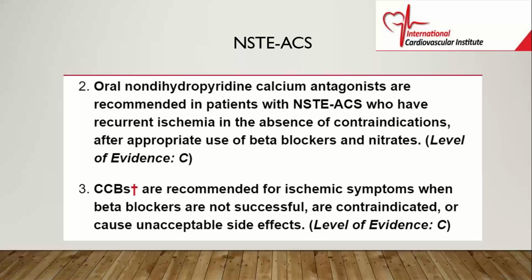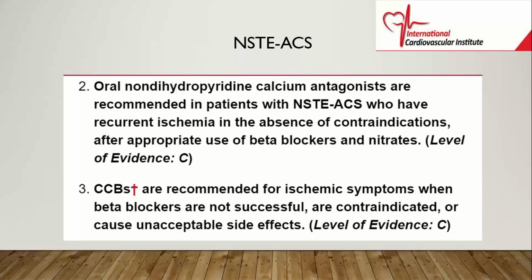You can use, especially if the patient cannot take beta blockers, long-acting nitrates and some of the non-dihydropyridine calcium channel blockers. But if you can't get the beta blockers, then you can be forced to use the calcium channel blocker.